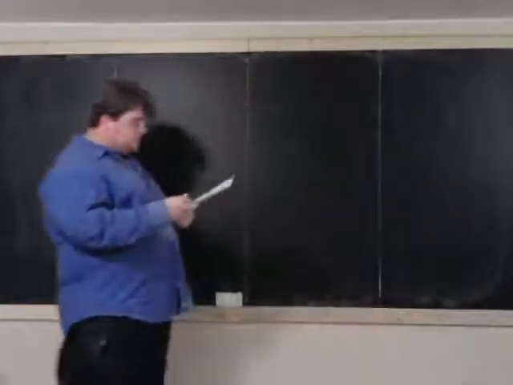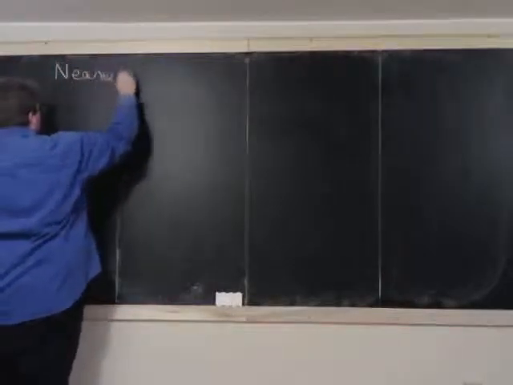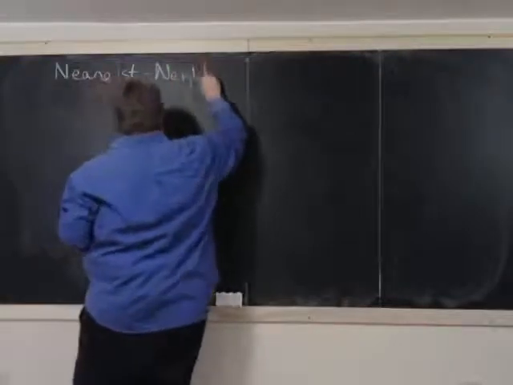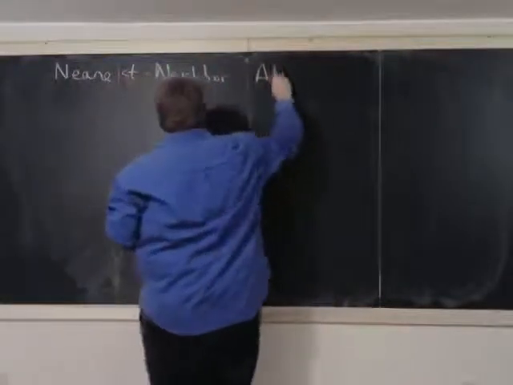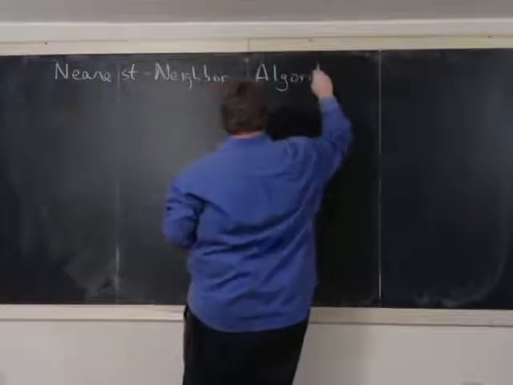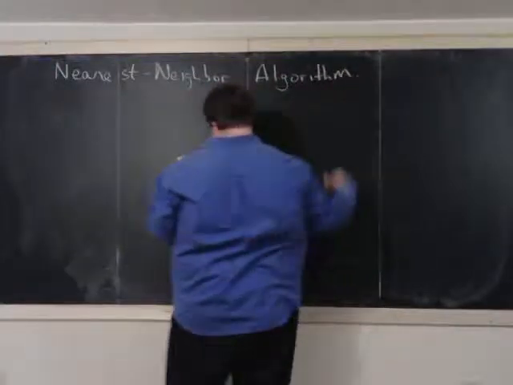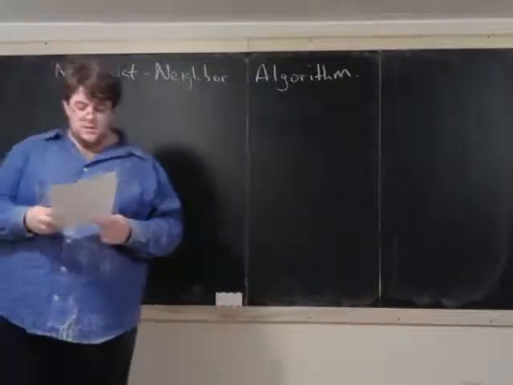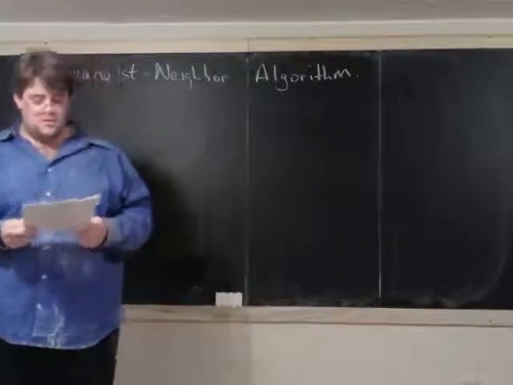So let's first do the one known as the nearest neighbor algorithm. So here's how this algorithm works. You start at the home city.